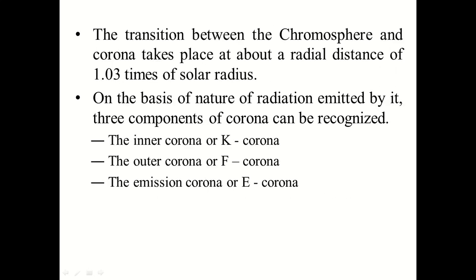The spectrum of corona was first studied in 1869 by the American astronomers W. Harkness and C. A. Young, and its successful photograph was obtained in 1930 by the French physicist B. Lyot. The transition between the chromosphere and corona takes place around a radial distance of 1.03 solar radius from the center of the sun. On the basis of the nature of radiation emitted by this corona, the three components of corona can be recognized.